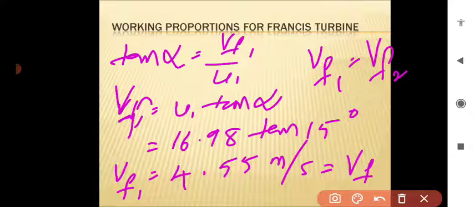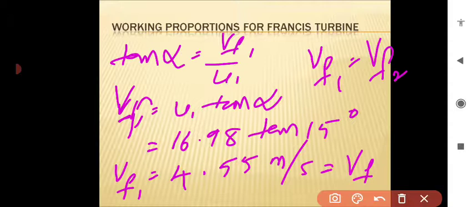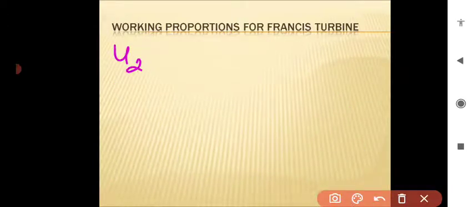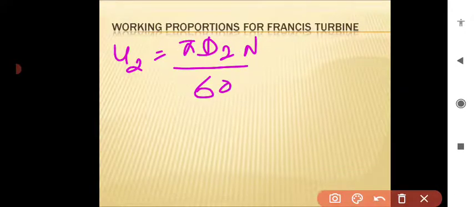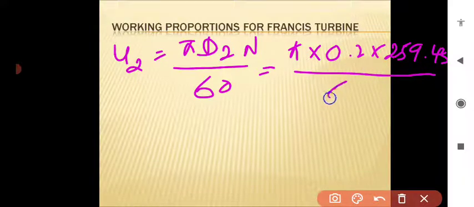Now next, we know that the velocity of the blade at outlet is equal to pi D2 N by 60. From this equation we will get the velocity of the blade at outlet. So U2 is equal to, substituting all the values, pi into diameter at outlet D2 into N, which is 259.43, by 60.